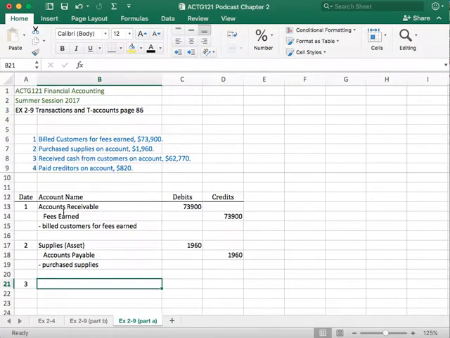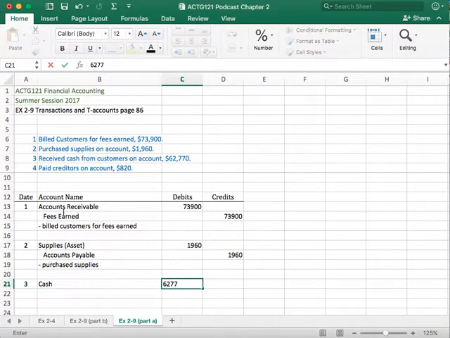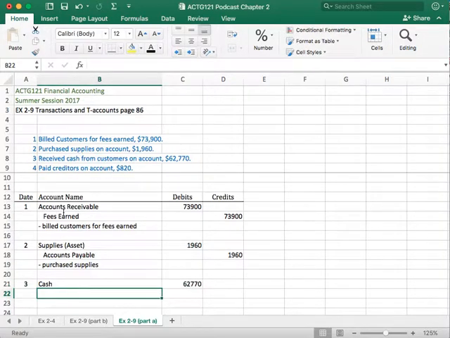3, received cash from customers on account. As we spoke in the last podcast, we're going to increase cash because cash comes in, so that's going to be a debit. So a debit to cash in the amount of 62,770. And because we received this cash from our customers, we're going to decrease or credit accounts receivable.